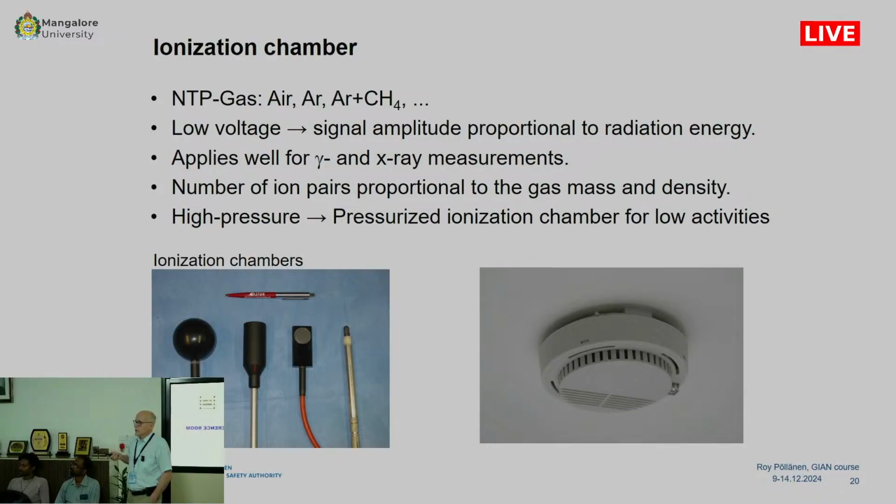The number of generated ion pairs is proportional to the gas mass and density, and you get more efficiency if you use high pressure gases in the chamber. There are some examples of small ionization chambers here, and also alarm systems use an ionization chamber.